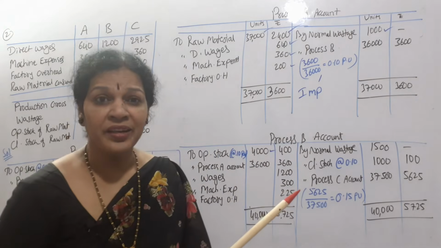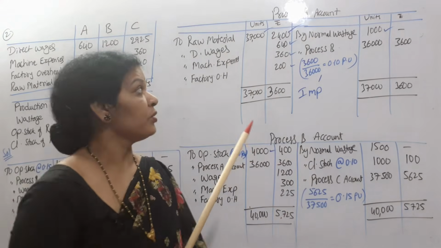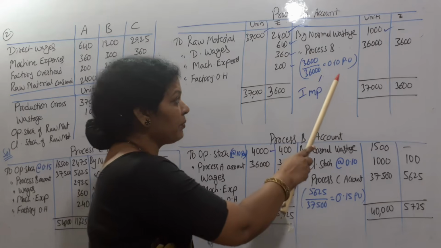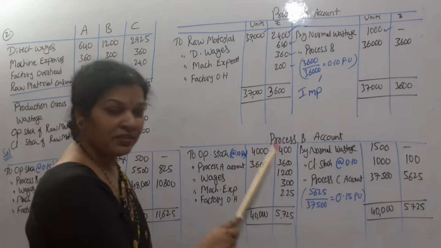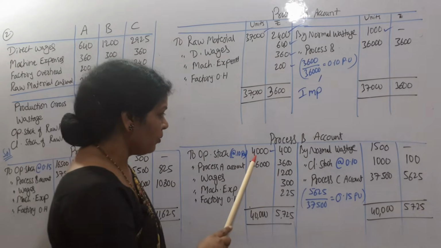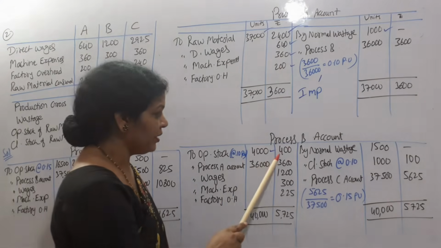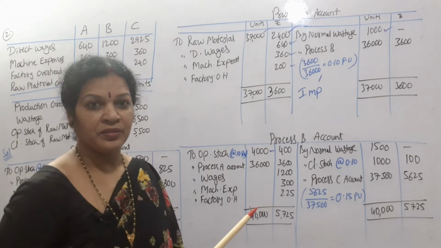At the rate how much? At the same rate as the previous process A account, we have calculated 10 paisa; same 10 paisa we have used. So 4000 into 0.10 comes to 400 rupees.